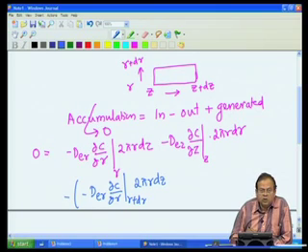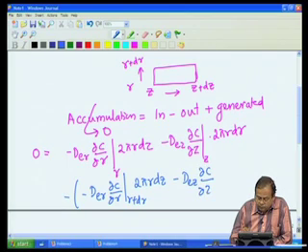So, that is going out in the radial direction at r plus dr. What is it that is going out in the axial direction? Into 2 pi r dr.